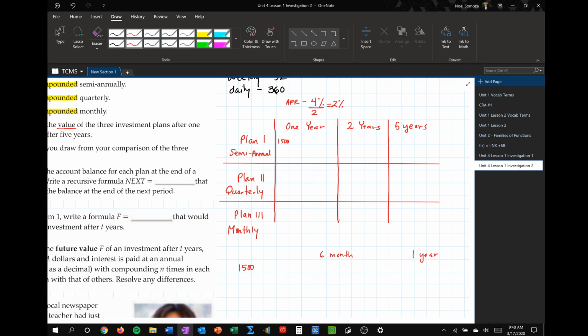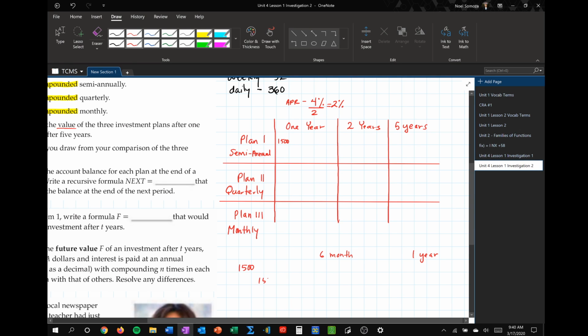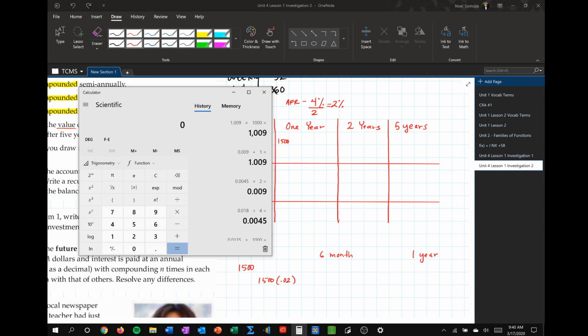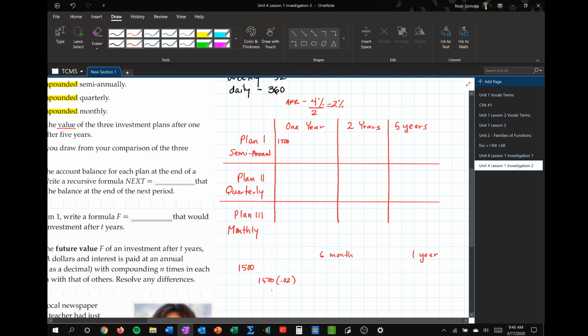It's a 2% interest gain, so I can use my basic interest formula just for one time: 1,500 times 0.02, that's 30.